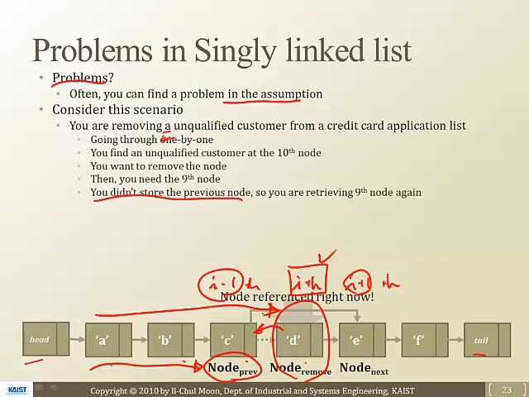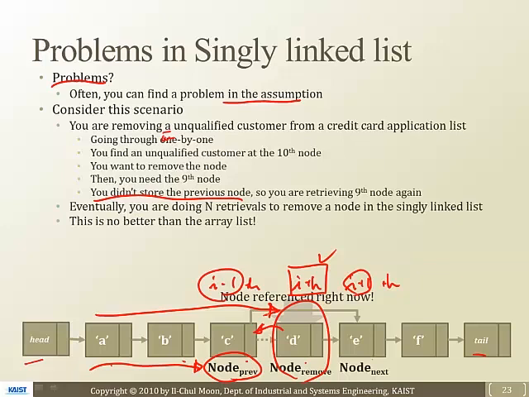So it would be much nicer to have a function to not just go next, but also to go to the previous one, all right? So we need both functions at the same time, many times. So eventually what you are doing is n retrievers to remove a node in the singly linked list, right?